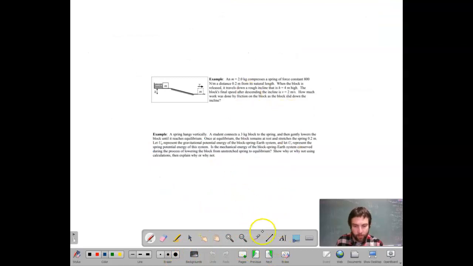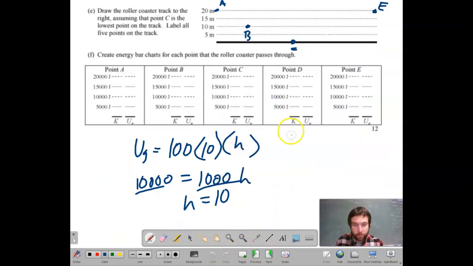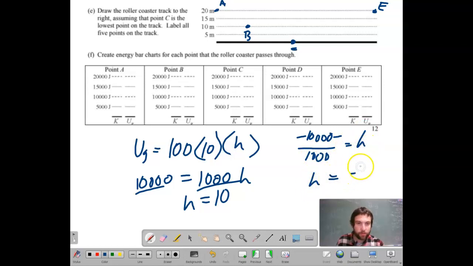I believe our work is the same for point D, this time negative 10,000 joules. Same mass, same g, divided by 1,000, our h is going to be 10 again. So point D goes here.